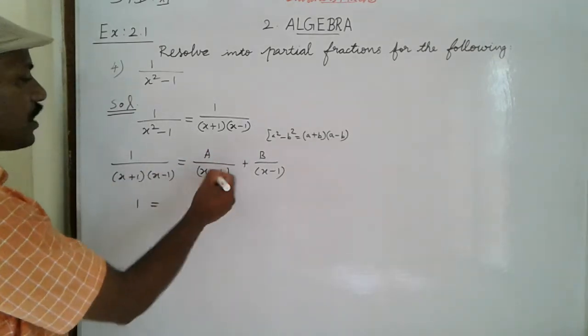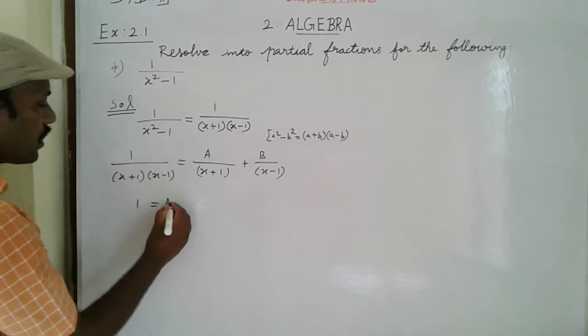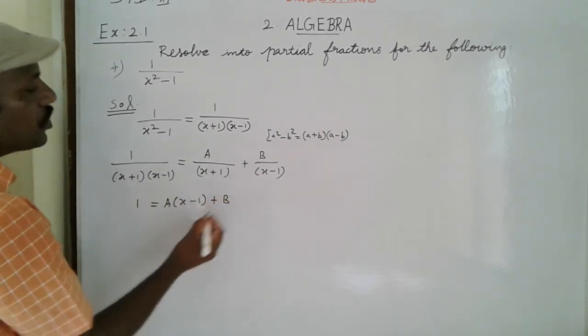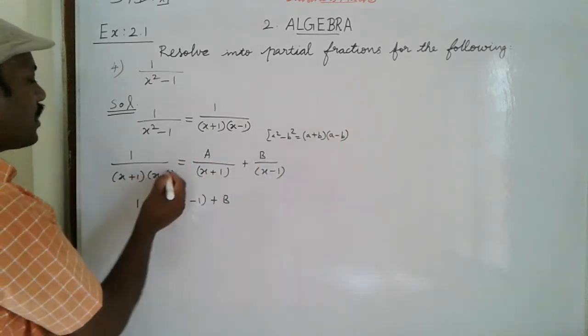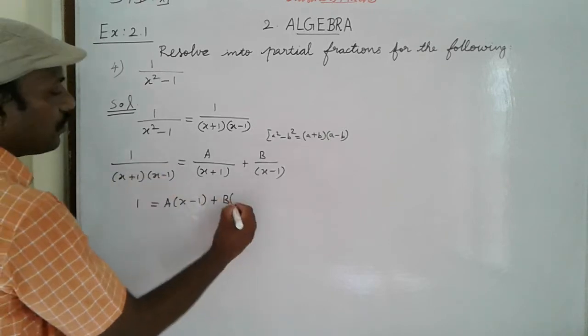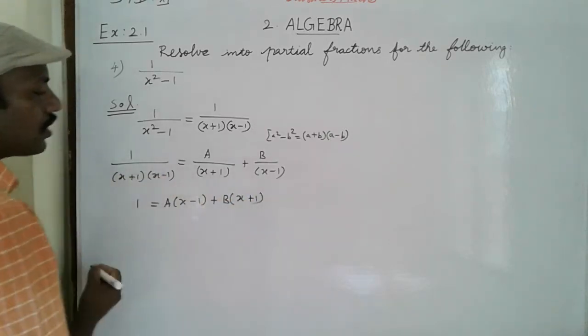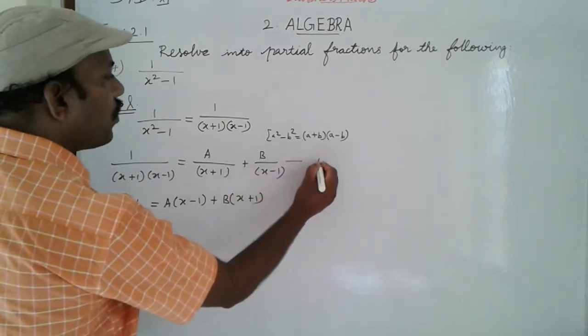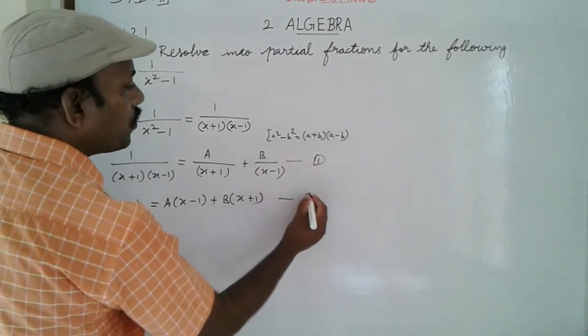So x plus 1 cancel, remaining a into (x minus 1) plus b into cross multiply, then x minus 1 cancel, b into (x plus 1). This is equation number 1, this is 2.